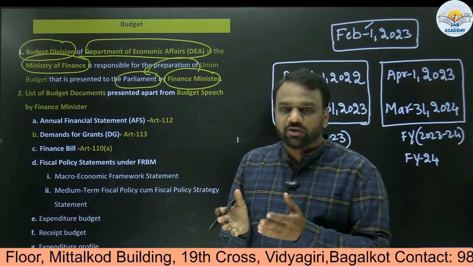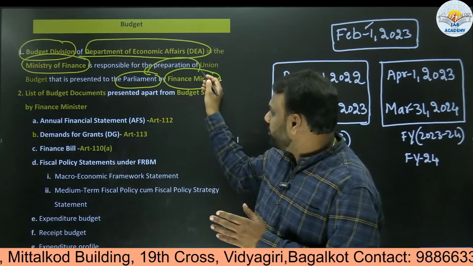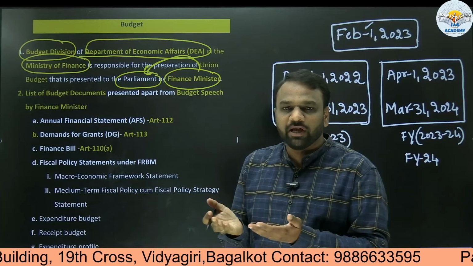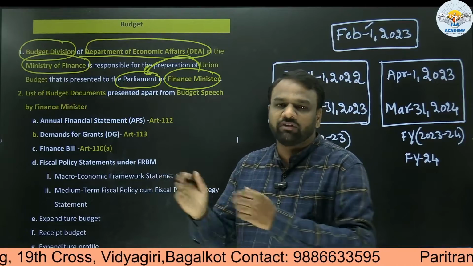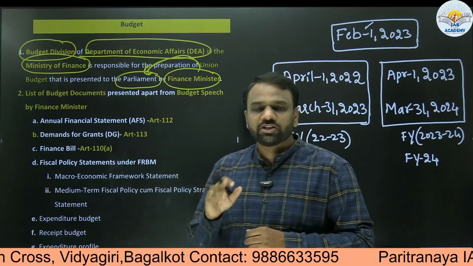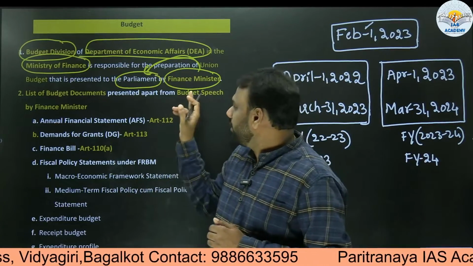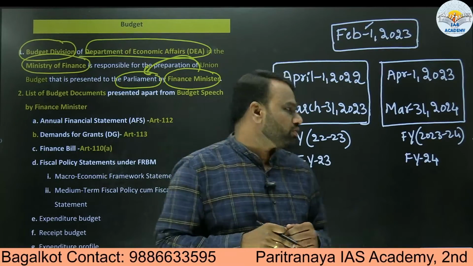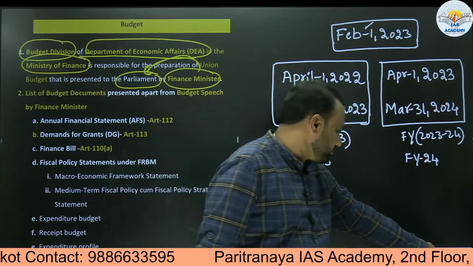Once it is ready, the Finance Minister will present this budget to Parliament, meaning he will keep the documents open in front of Parliament. Now the next question arises: why will the Finance Minister present the budget in front of Parliament? We need to understand this as well.